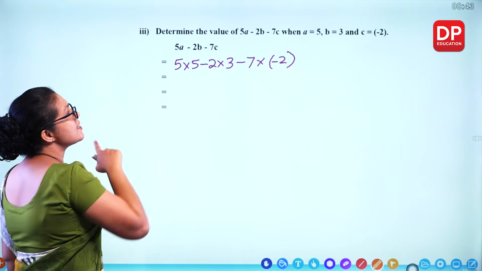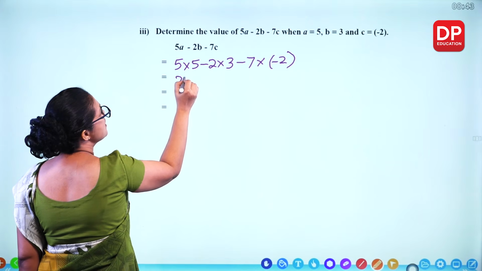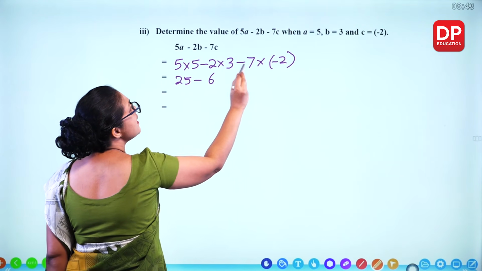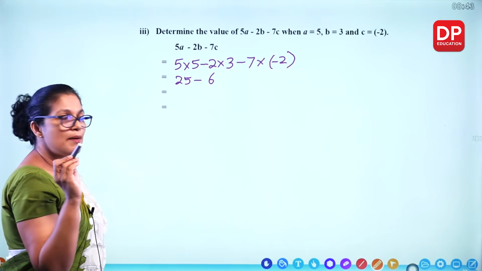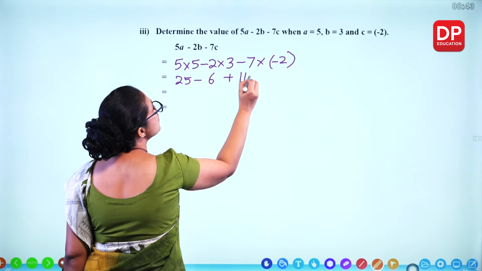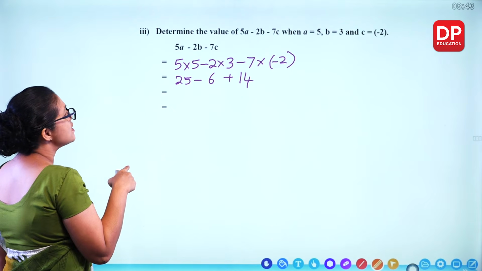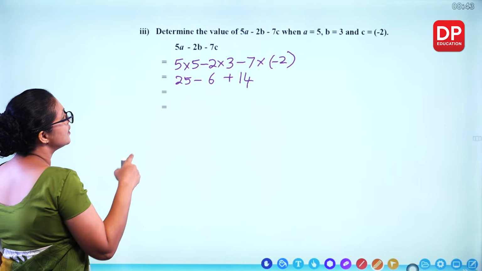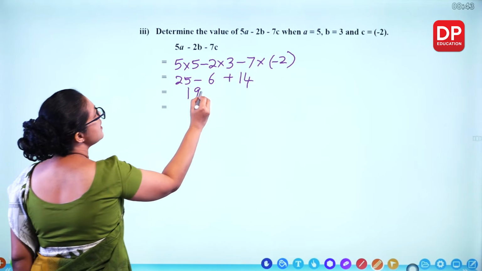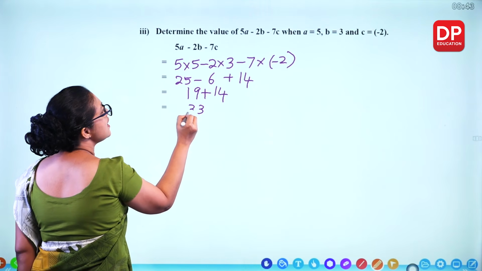So minus 7 times minus 2. 5 times 5, 25. Minus 2 times 3, minus 6. And here minus minus becomes positive. 7 times 2, plus 14. Now simplify. 25 minus 6, you get 19. 19 plus 14, 33.